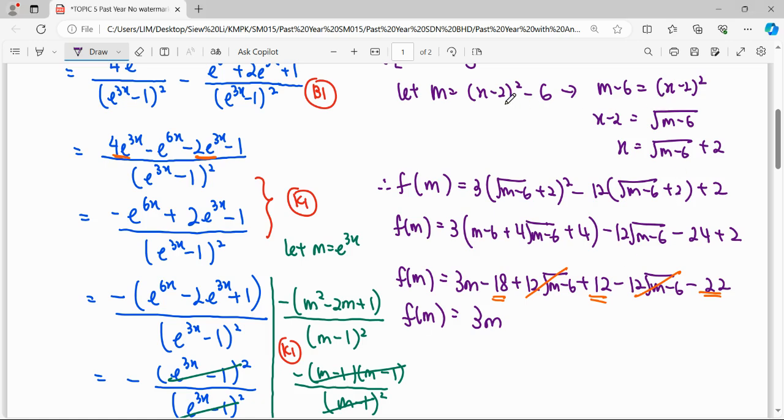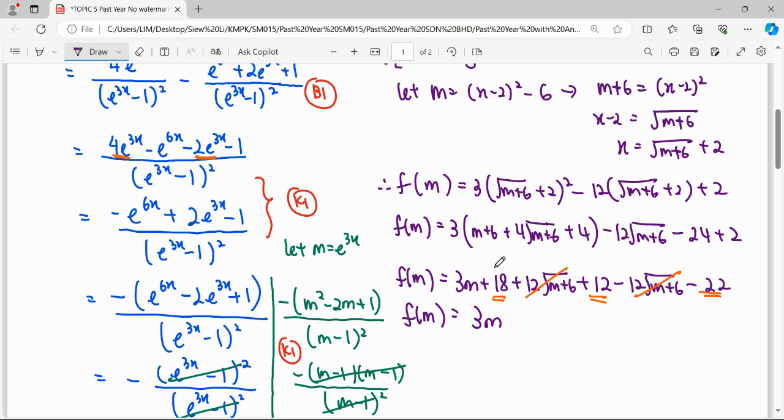Alright, we have to do some correction here, a writing mistake: it should be m plus 6. So here we have plus 18. The negative 6 will become plus.